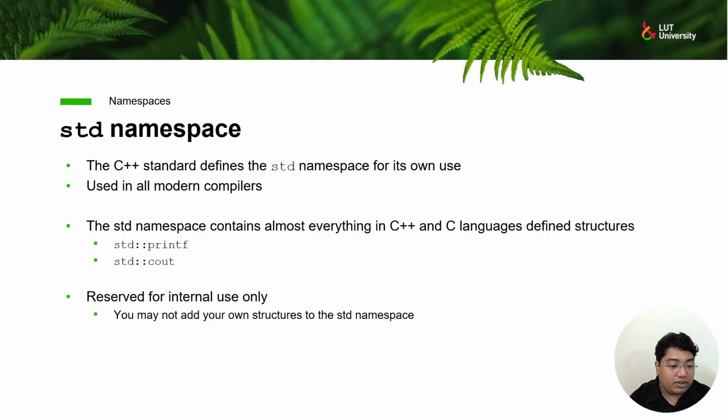Standard printf, standard cout, all of it. Every modern compiler uses it. One important rule is that this std is reserved. You don't get to add your own stuff into it. It's the standard library space and not yours. So just stay away from it.